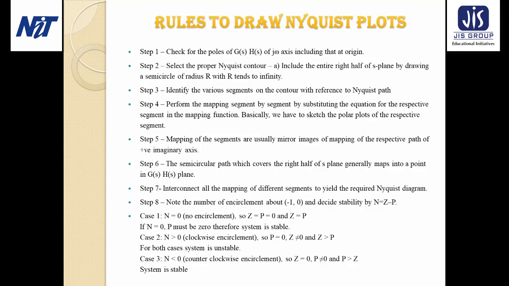After that, we need to consider that the characteristic equation is 1 plus G(s)H(s) equal to 0. So, if 1 plus G(s)H(s) is equal to 0, that means G(s)H(s) is equal to minus 1.